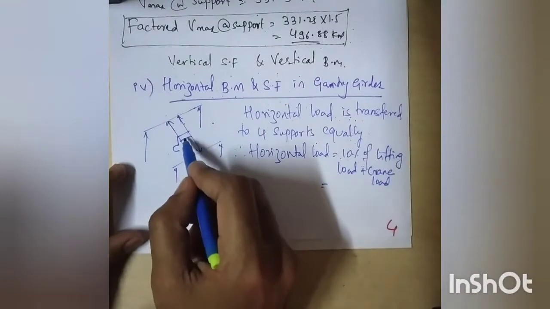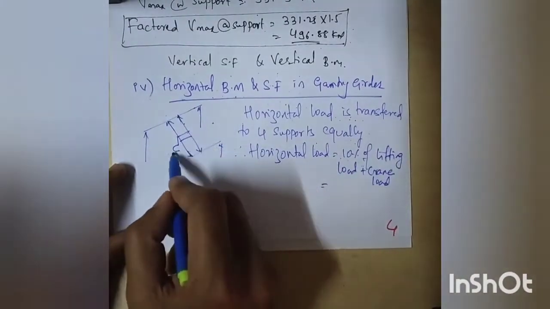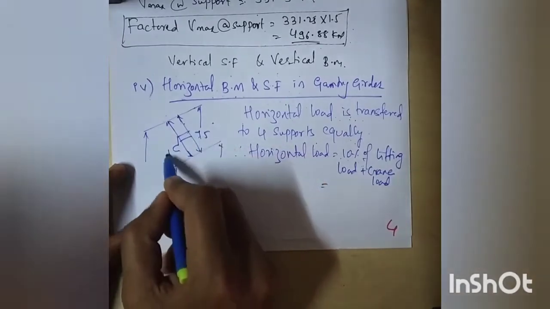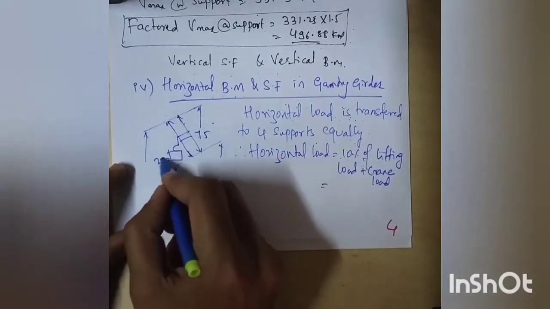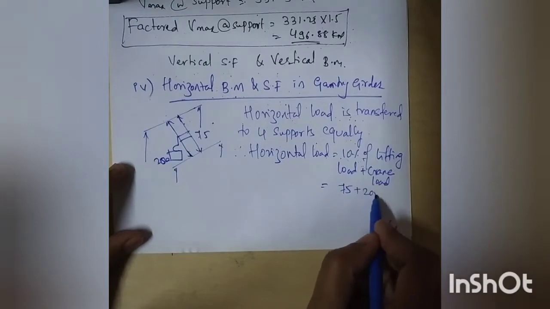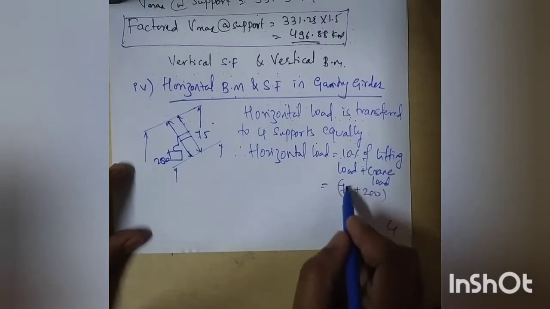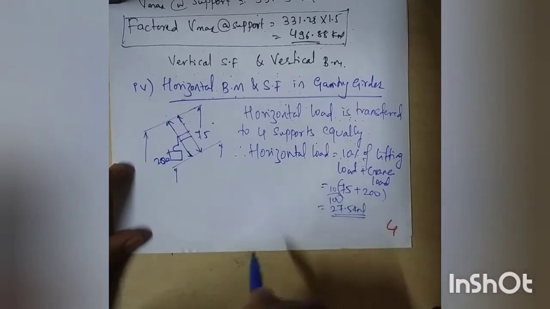So the lifting arrangement is 75 kilonewton, and the load it can lift is 200 kilonewton, which is 75 plus 200, and 10% of that, that is 10 divided by 100, is 27.5 kilonewton.